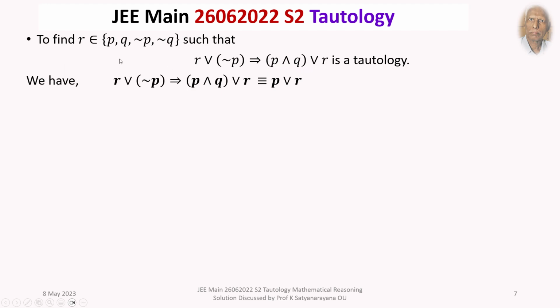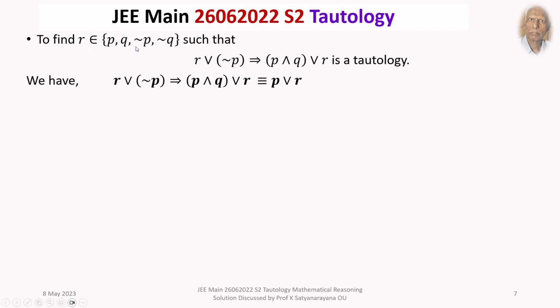It's very clear now. If you take R as P, then P or P will be P only. P takes a truth value T and a truth value false. So it is not a tautology. And Q also is the same. And it is very easy.